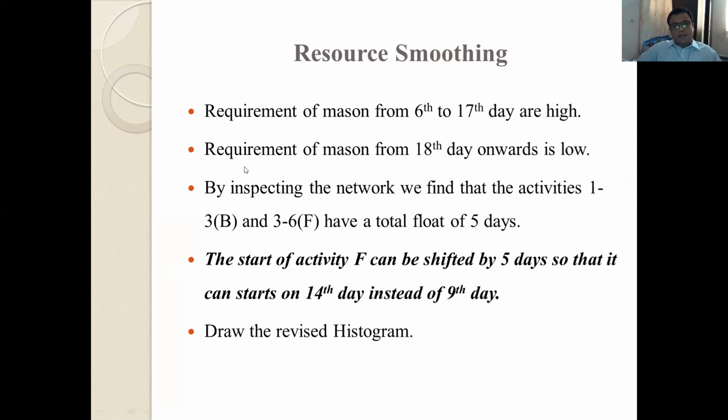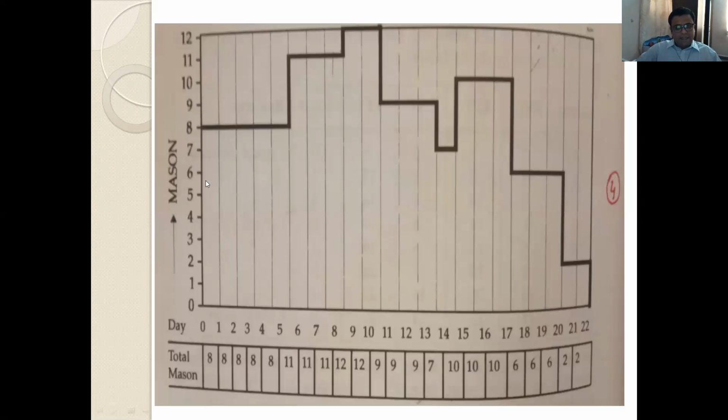What we will do here: the requirement of masons from the 6th to 17th day is high. From the 6th to 17th day it is higher, but from the 17th day onwards it is lower. So we have identified the peak and the trough.